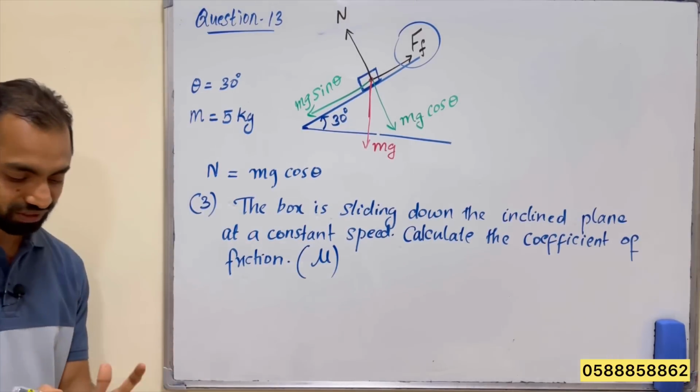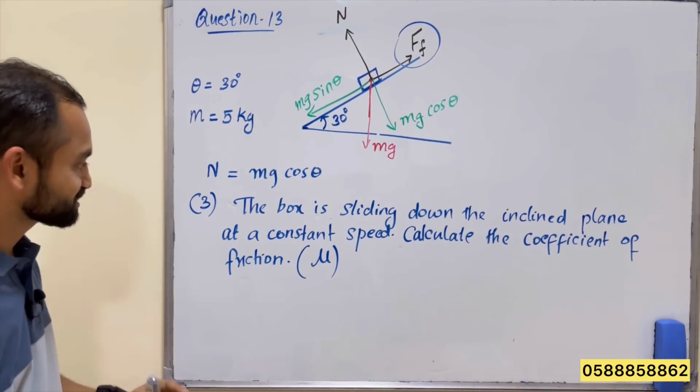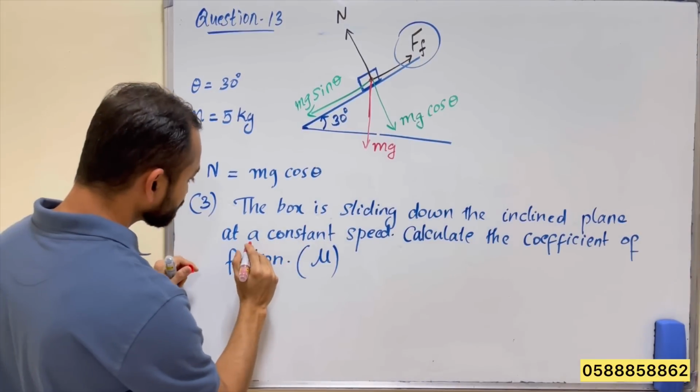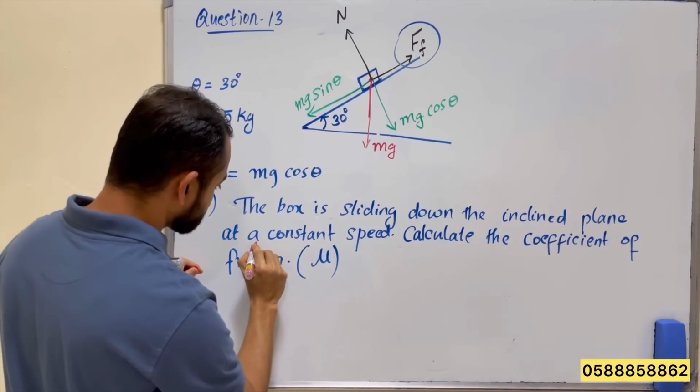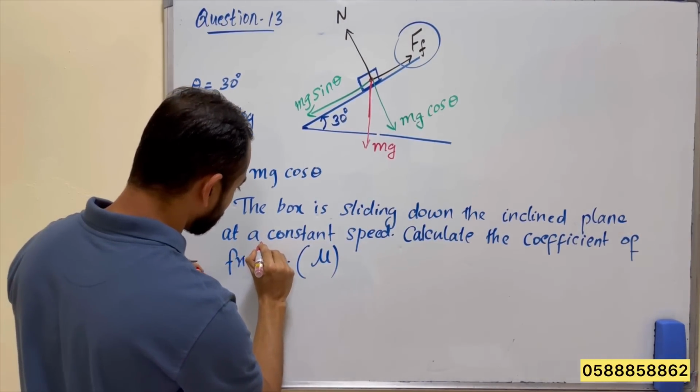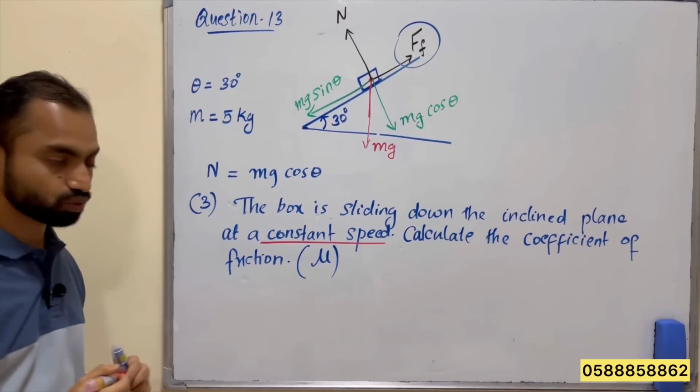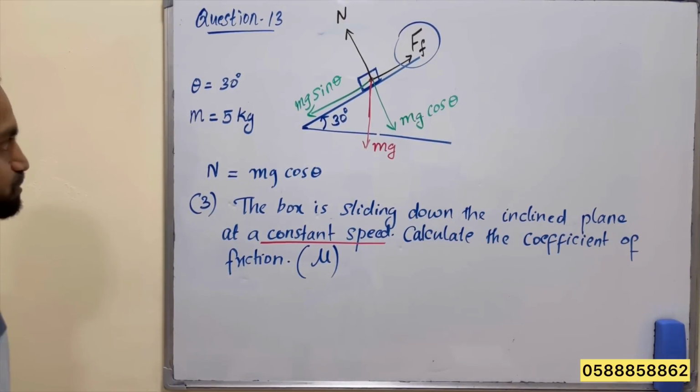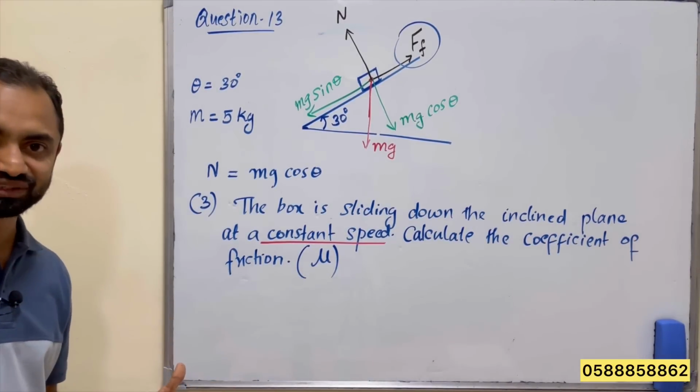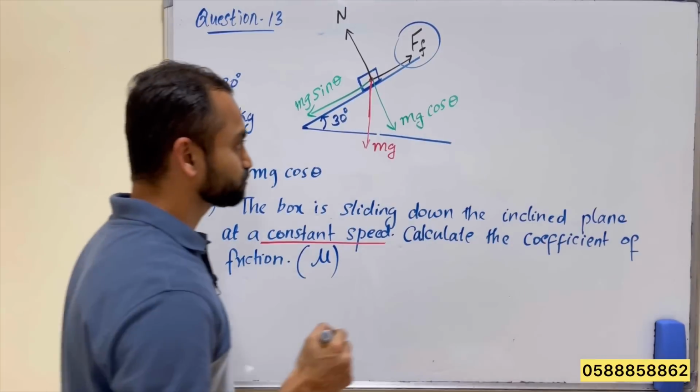What is given in the question is that the box is sliding down or moving down at a steady speed, at a constant speed.